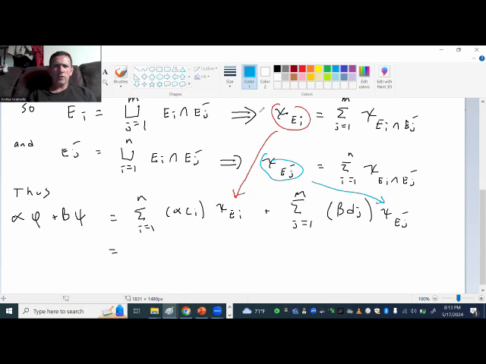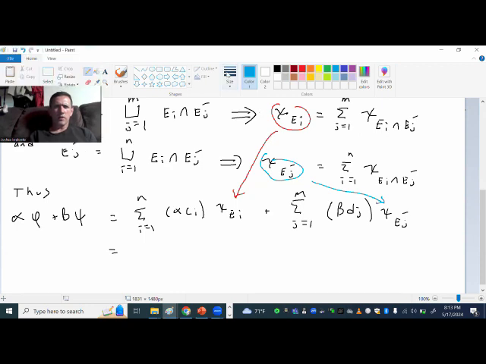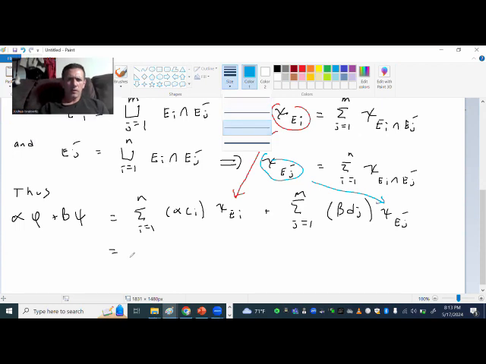So just write out the sum, and you'll notice we'll get the same kind of sum. I equals 1 to n, alpha c_I.